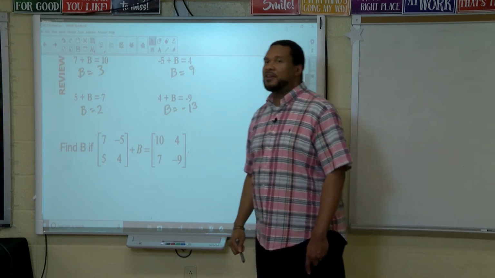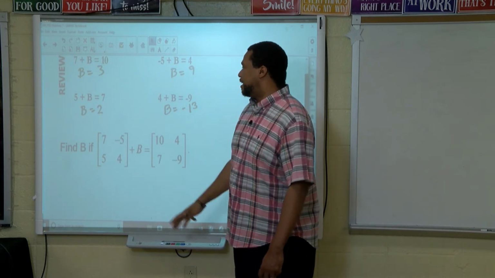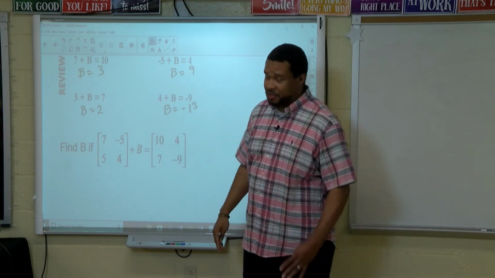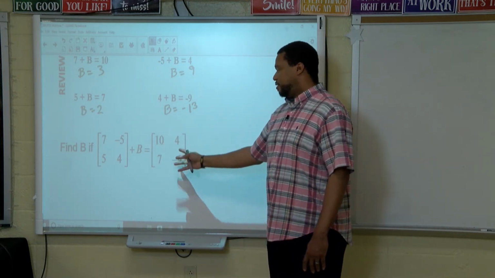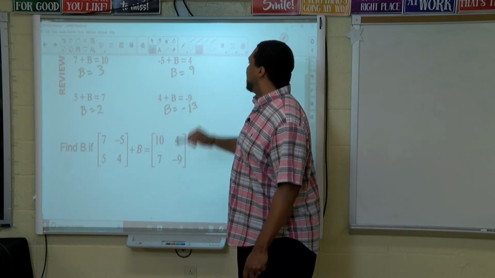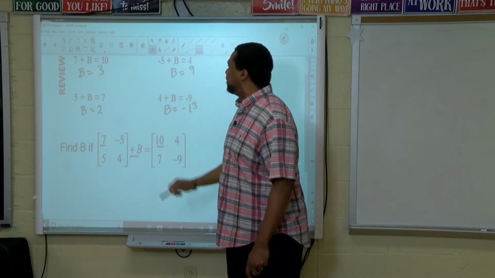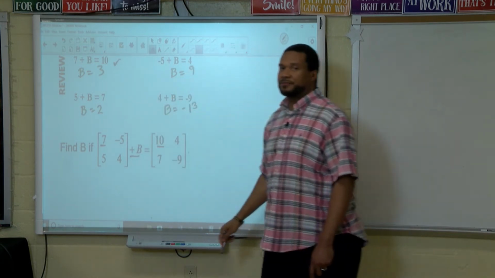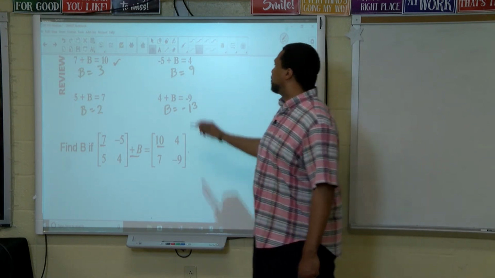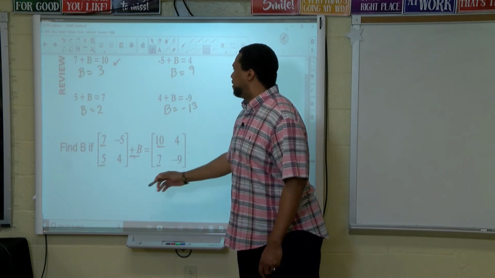So if you're given a matrix equation, in this case, it says find B if this matrix plus B, meaning B will be a matrix, equals this matrix. So you would take the same thing using corresponding elements. 7 plus b equals 10. This is exactly what we did here. 5 plus b equals 7.